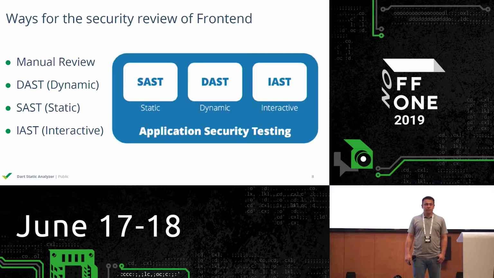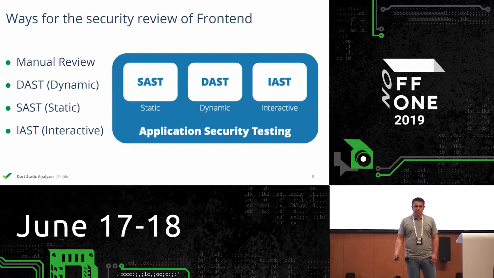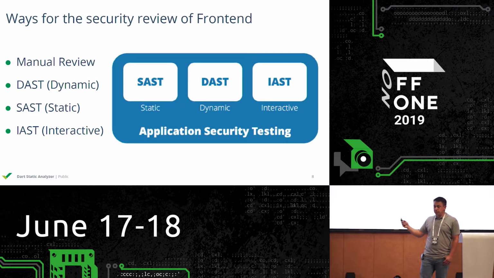The second approach would be DAST, the dynamic approach, a lot of scanners which enable you to analyze web applications in a dynamic mode. Next would be SAST, the static approach, both commercial solutions and free source code analyzers. And the last one would be interactive, which is the composition of dynamic and static approaches for analyzing.